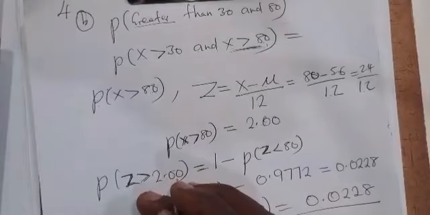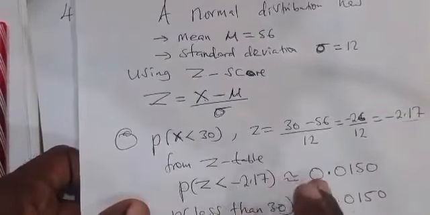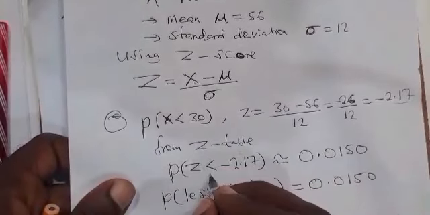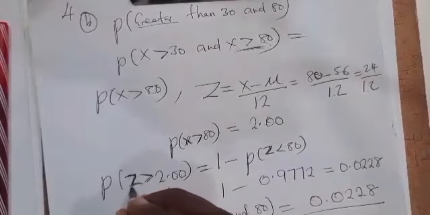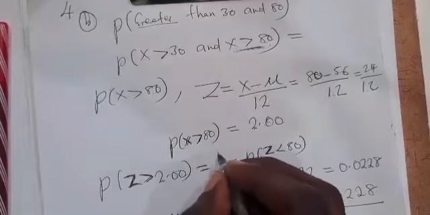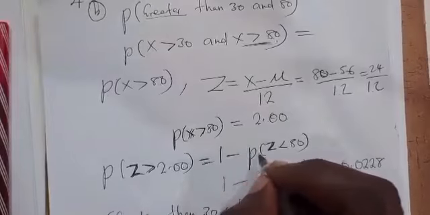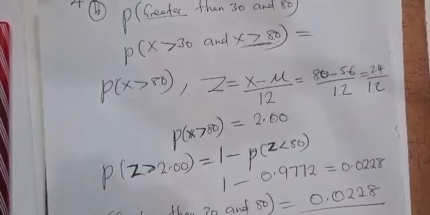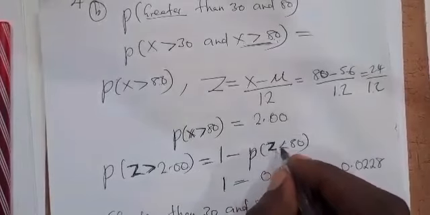So for less than, like the one you solved last time in the previous question, if you have a less than, just go directly to the table and pick the actual value as the answer. Now, if the symbol is facing this side, we write 1 minus. The probability of z greater than 2.00 is equal to 1, and 1 simply means the total probability, minus the probability of z less than 2.00. We always do this when you're having the greater than symbol.